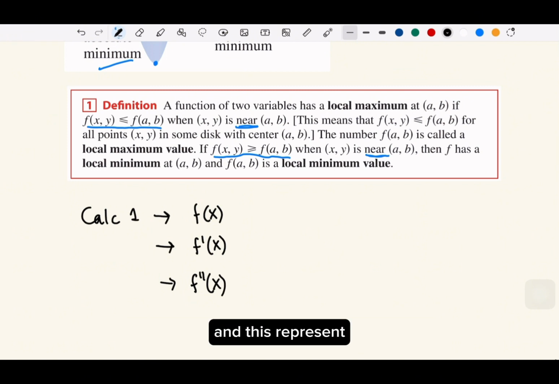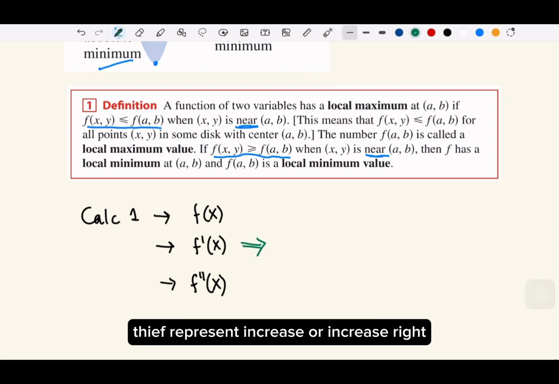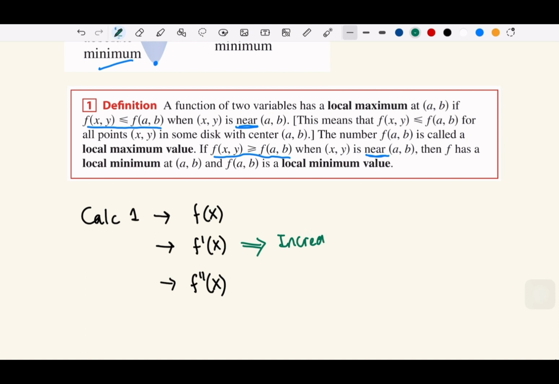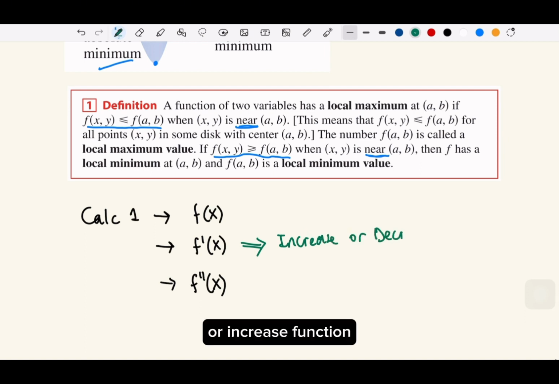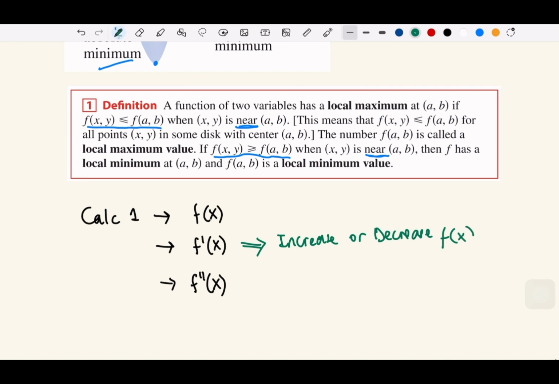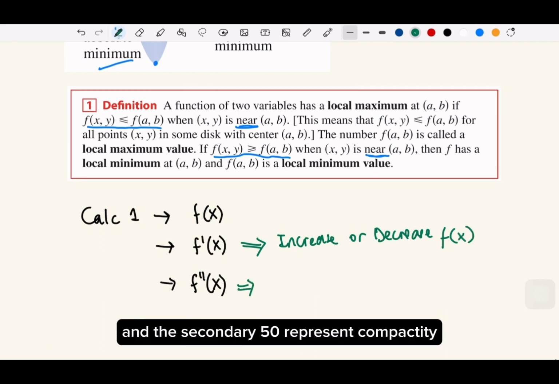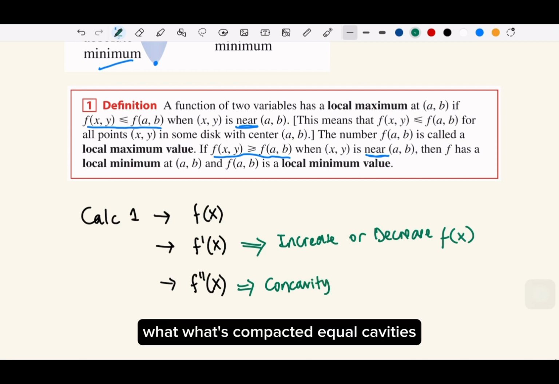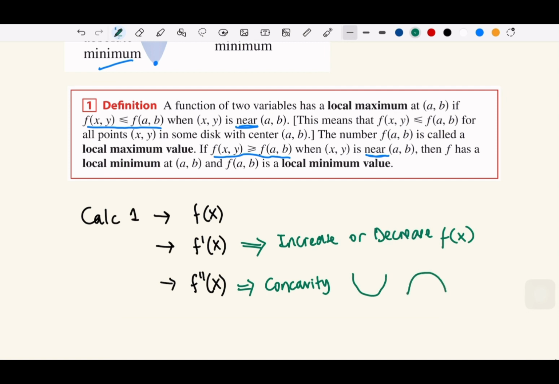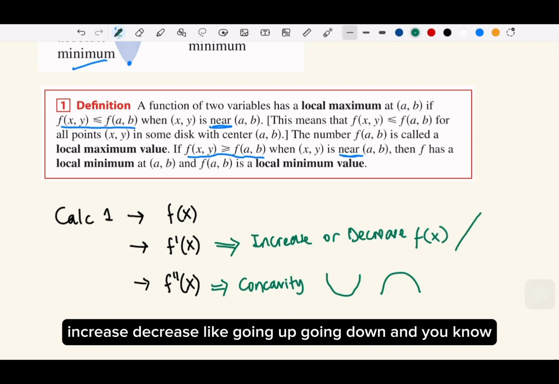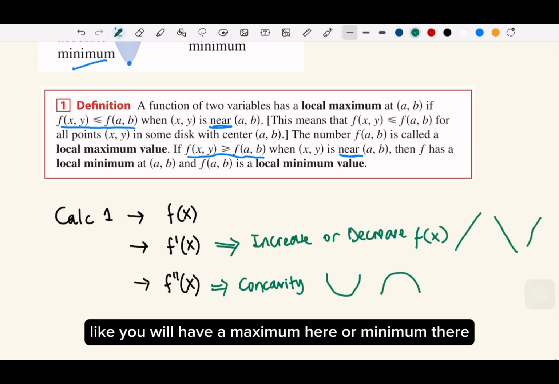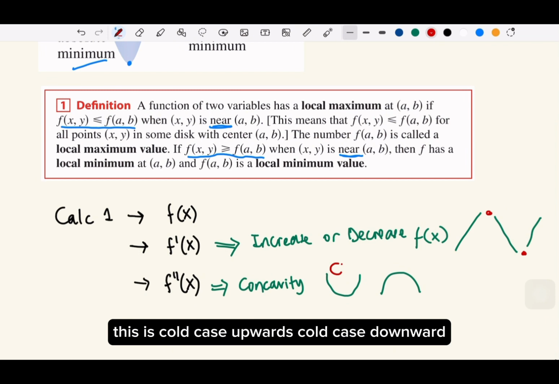And the first derivative represents increasing or decreasing function. And the second derivative represents concavity. Okay, what's concavity? Concavity is when you have the graph like this or like this. It's going upward, downward. Increase, decrease, like going up, going down. Okay, and then you will have a maximum here or minimum there. Okay, this is concave upwards, concave downward. Okay?